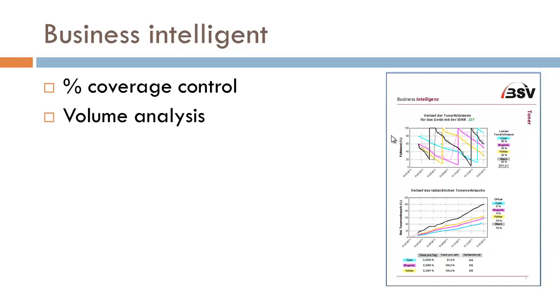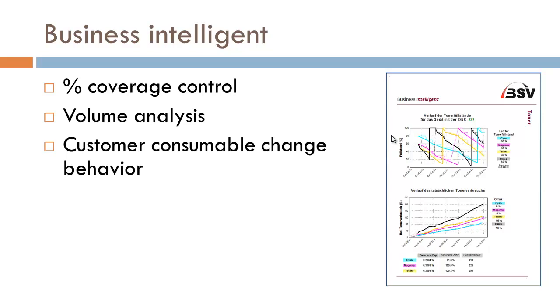We are making a volume analysis, so you can say, is it too high a volume for the machine? If a customer prints too much for the specific machine, that is not recommended. We have a customer consumable change behavior, which I explained before. We have a consumable forecast.